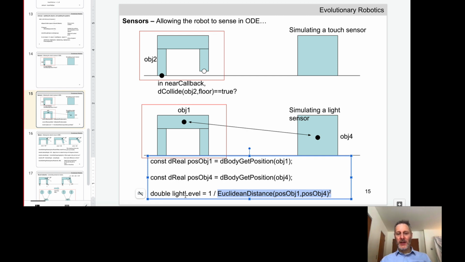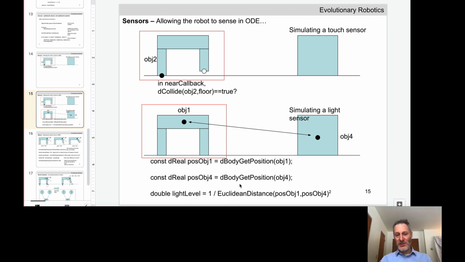We're trying to compute the amount of light falling on object 1 here, the amount of light that's being cast by object 4 that actually reaches object 1. Nick remembers the inverse square law. If you have a light source, as you move away from that light source, the amount of light you're detecting falls off quadratically, to the power of 2 of your distance from the object.